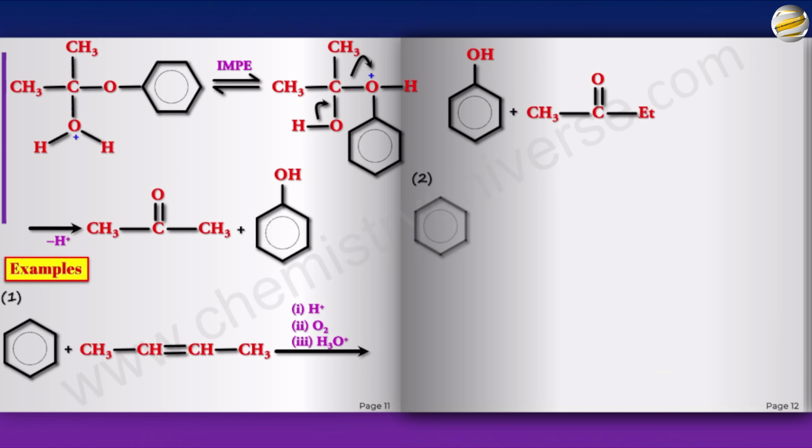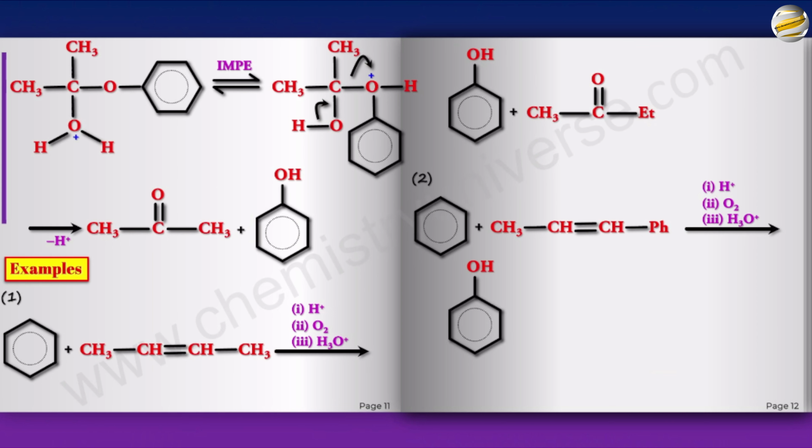Try this example. And let's use the same set of reagents. Pause the video. Again, you'll end up getting phenol. But you got to figure out which particular ketone you're going to get. Remember, there are 3 carbons here. And you're going to get something like this.